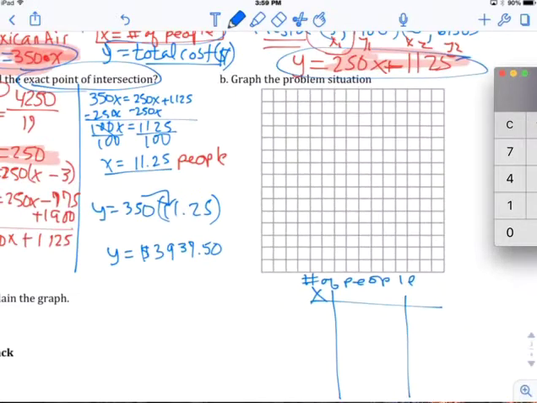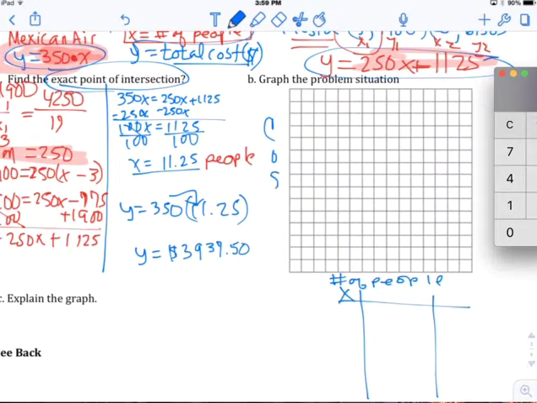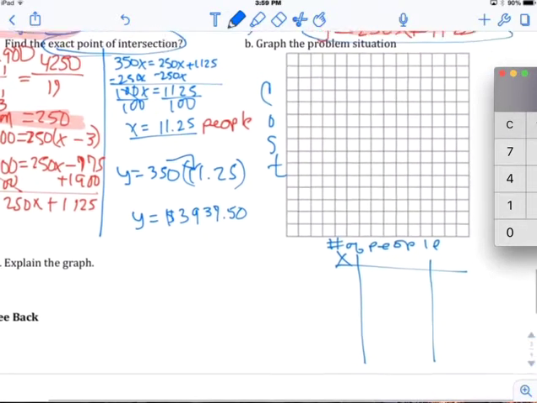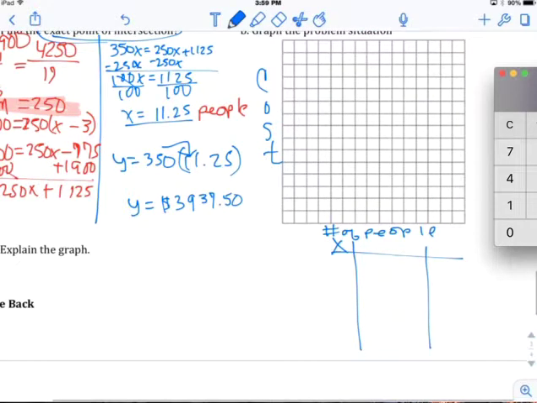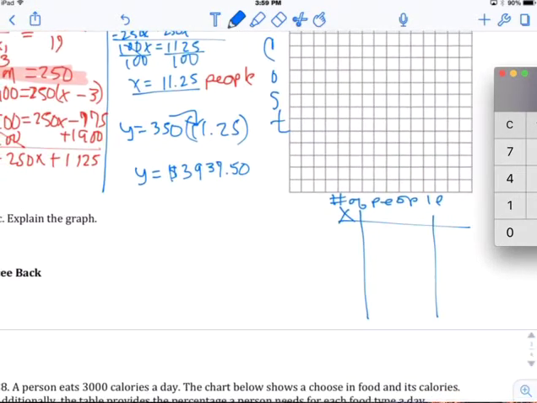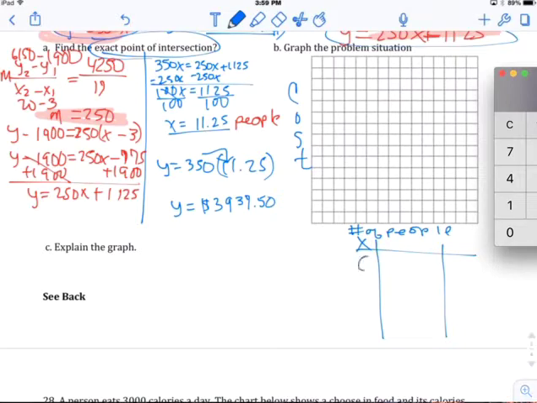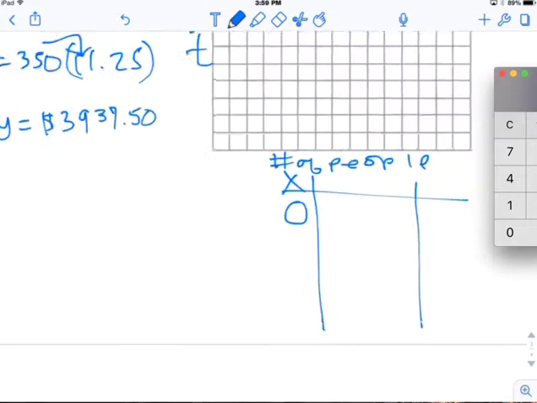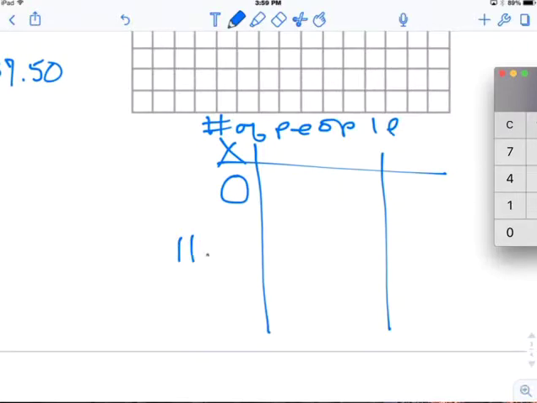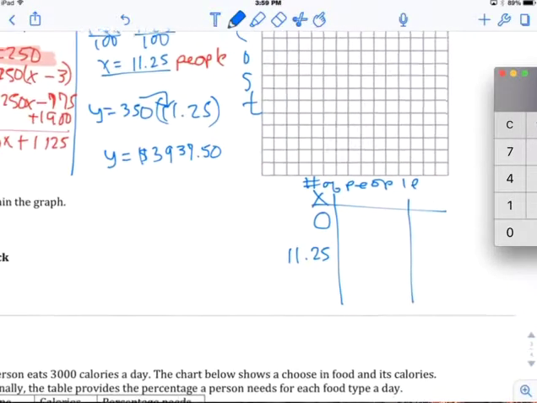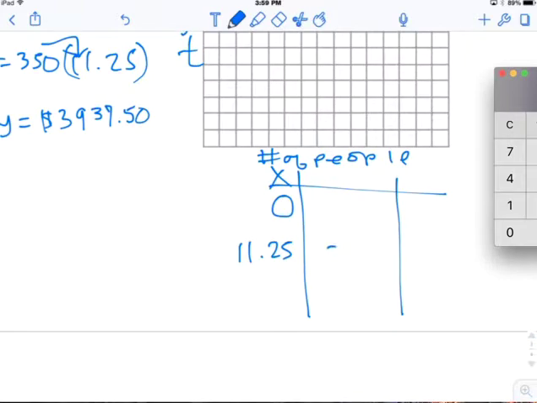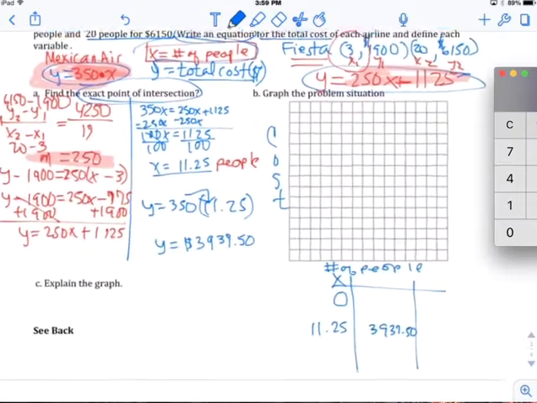And Y represents the cost. Okay. Always start at 0 people. Okay. And then just for the sake of graphing, we'll do that.